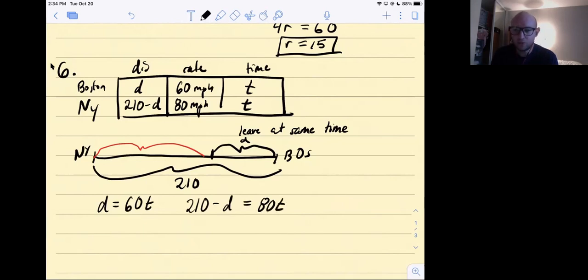Anyone have a good approach here? Should we use elimination or substitution? Nice. I would say substitution also. So we can just plug in this green one here, just plug it into here.